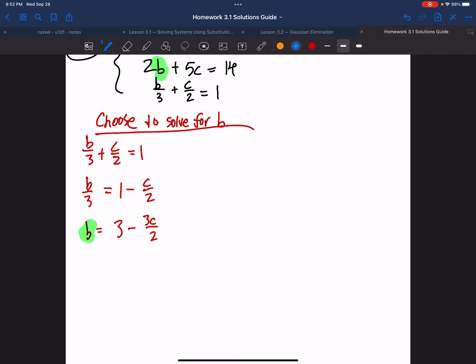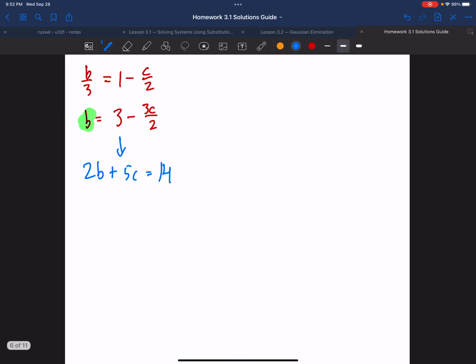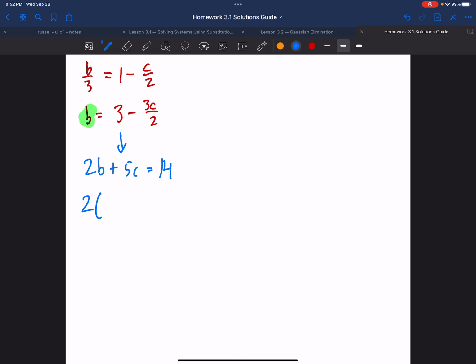Okay, we'll switch colors here. So 2B plus 5C equals 14. B is 3 minus 3C over 2, so just 2 times (3 minus 3C over 2) plus 5C equals 14.